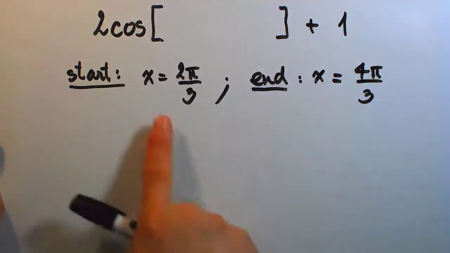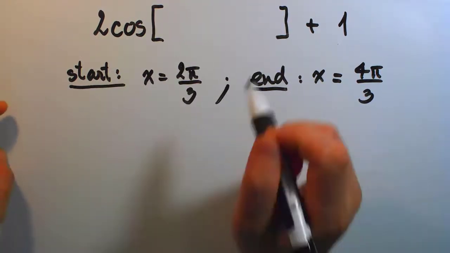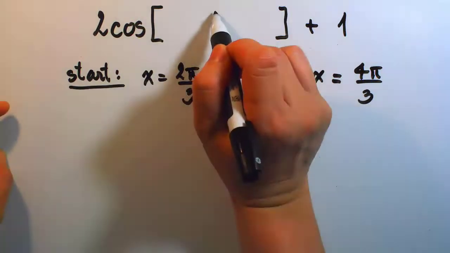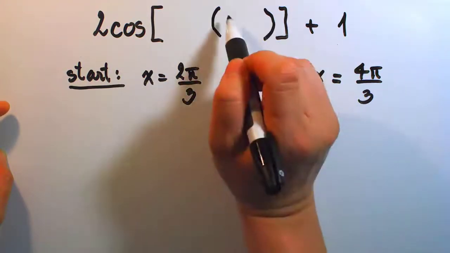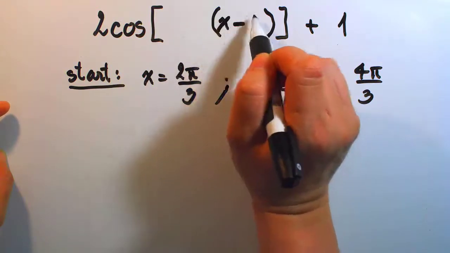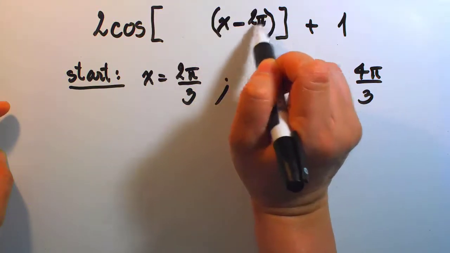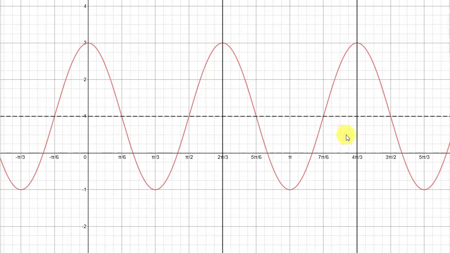Then, as soon as we recognize the start right here, we can immediately have our expression inside of the cosine function formulated as follows. In a pair of parentheses, x minus 2 pi over 3. And to make it clear for everybody, I'm going to put the portion inside of the start and the end of the base unit here in green color. So there's my portion in green color.